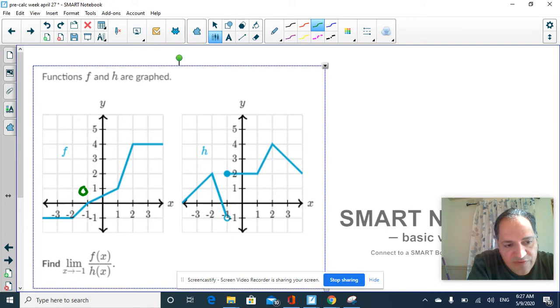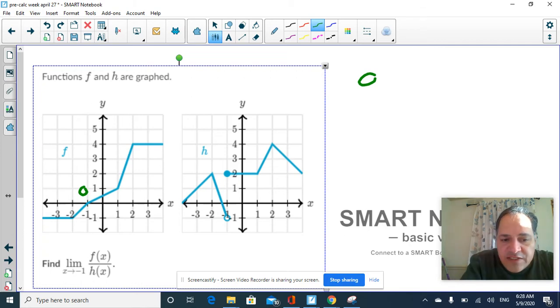So the value of the function approaches 0. But the second function, we have a left limit and a right limit. The limit of h of x: what does it equal? It doesn't exist, because the limits from left and right are not the same.